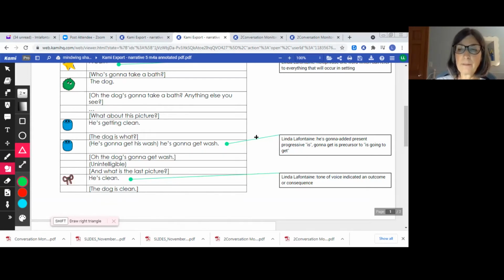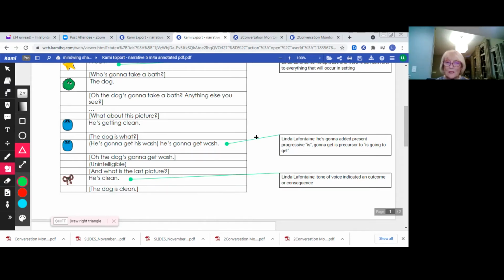And then finally, at the end, he said he's clean, which really his tone of voice indicated that there was an outcome, there was a consequence, something had happened as a result of all these efforts. And he really wanted to drive home that point with his listener. So right now, these 2 boys have the character.